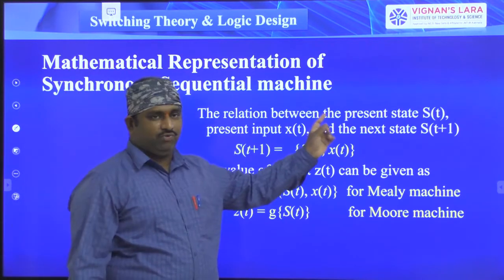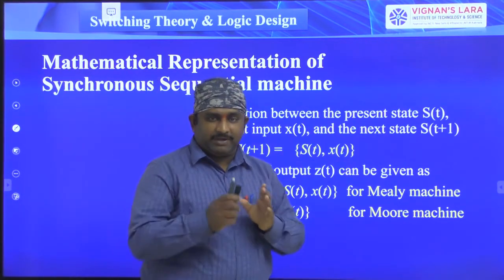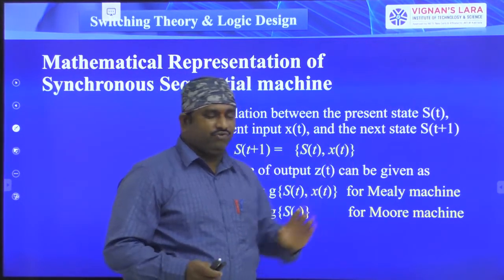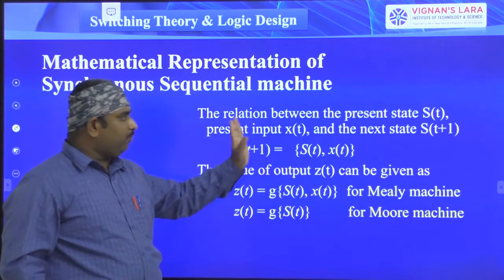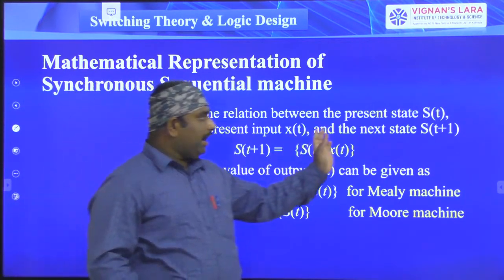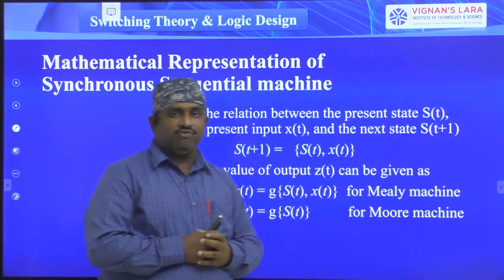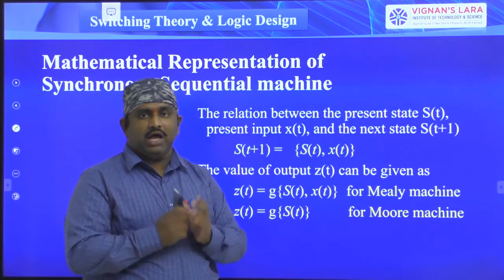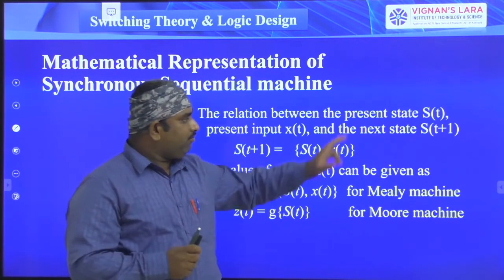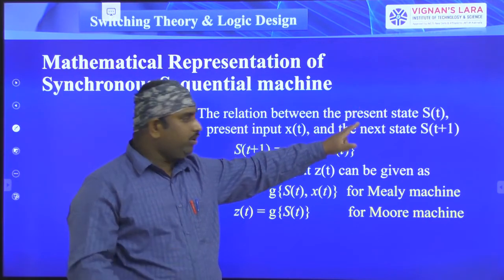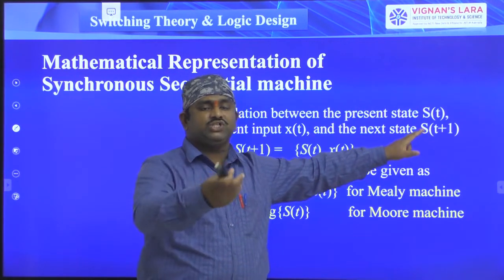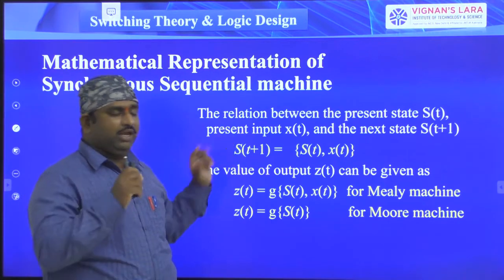The present state we represent as S of t, the present input as x of t, and the next state as S of t plus 1, where S of t is the present state output and S of t plus 1 is the next state output, and x of t is the input.